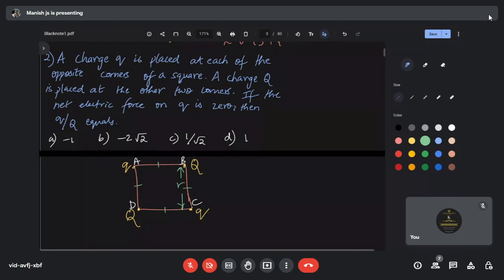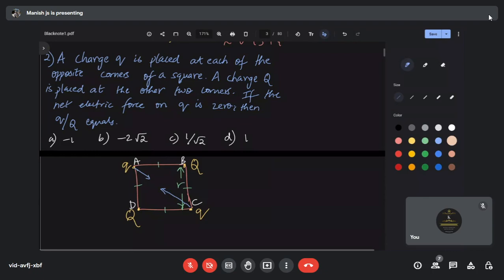For the net force to be 0, all the forces due to the other charges must cancel out. Only if they cancel out will you get the net force as 0. So what will be the distance between diagonally opposite ends in a square? How can we find this distance? Use the Pythagoras theorem: root of A square plus B square.